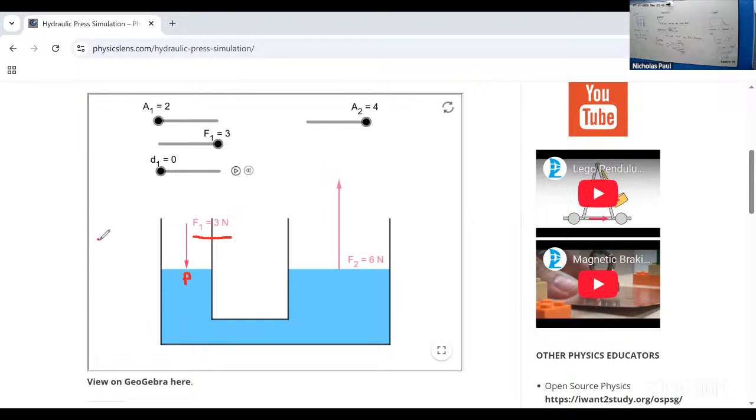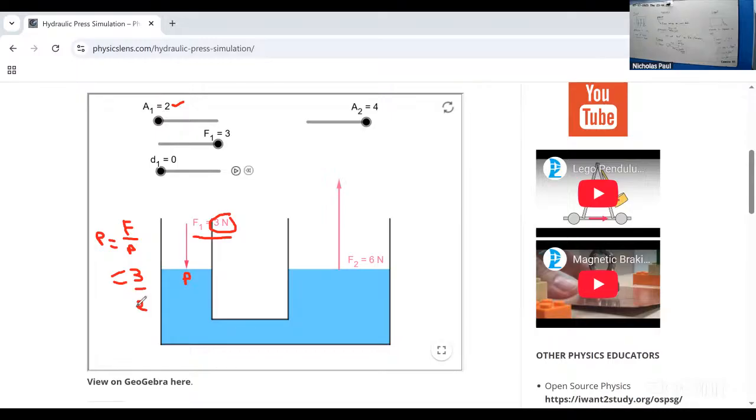We know that pressure is equal to force over area. The force is 3 newtons and the area is 2 units, so you put in 3 over 2. So the pressure exerted is 3 over 2.